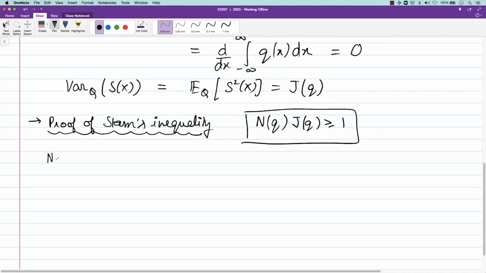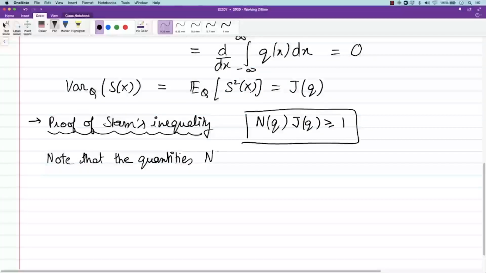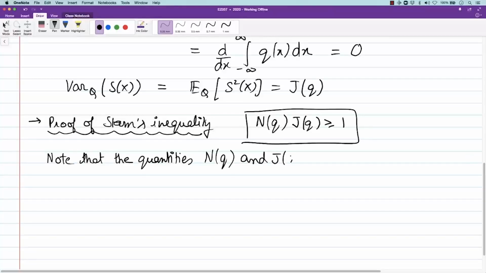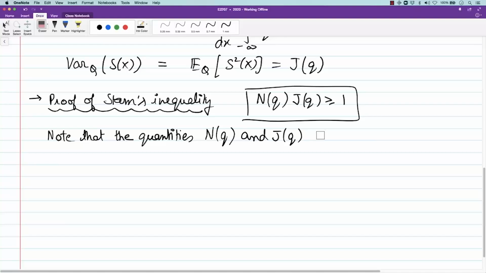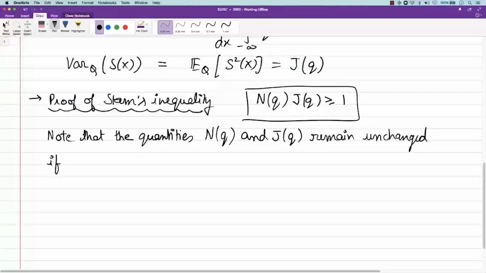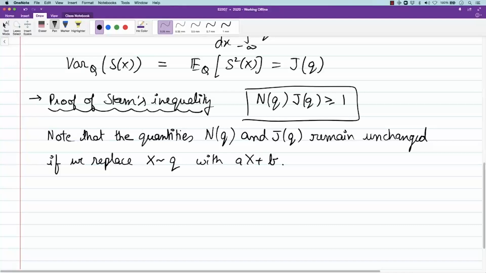Towards this, note that the quantities N(Q) and J(Q) remain unchanged if the random variable X_Q generated by Q is replaced with some scaled version of it, because you can recover X back from it, and these quantities only depend on the distribution as such.